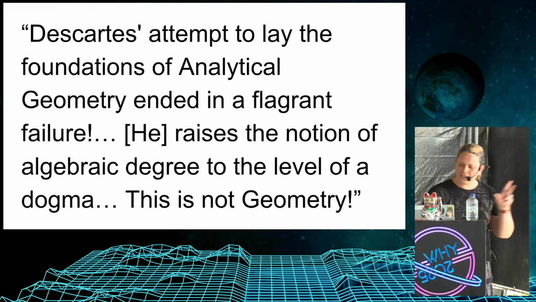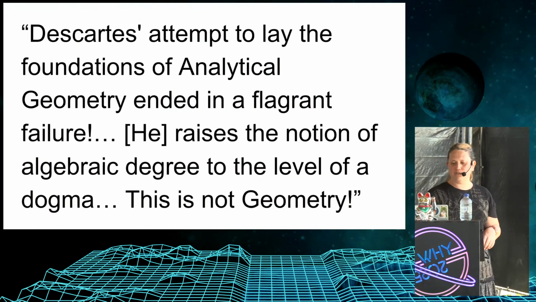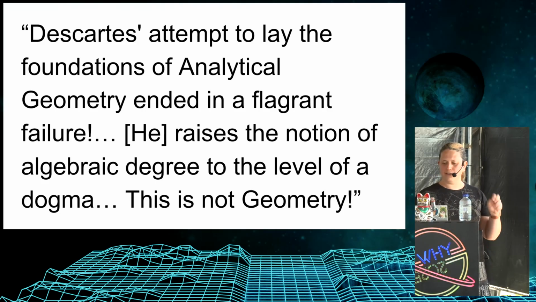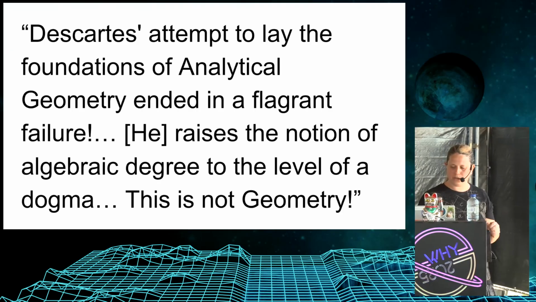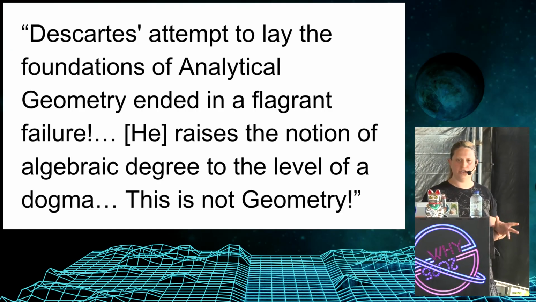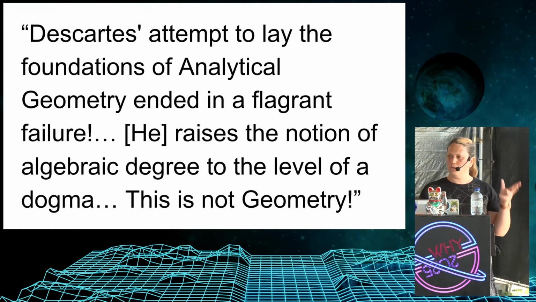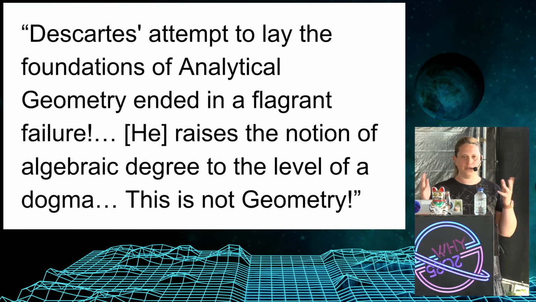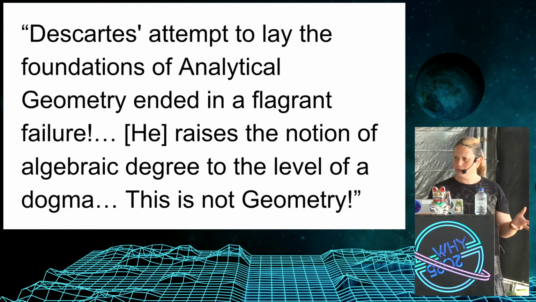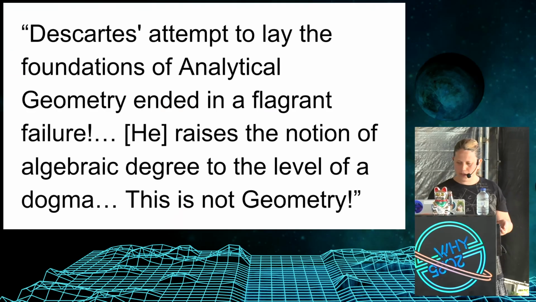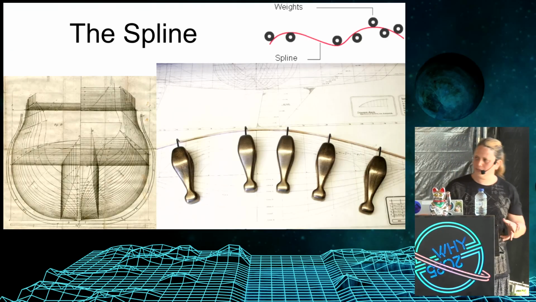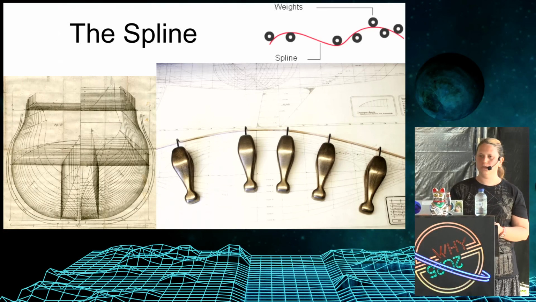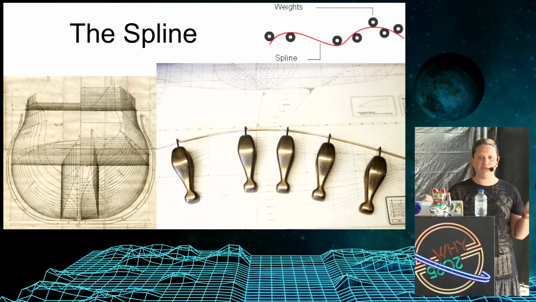He said Descartes' attempts to lay the foundations of analytical geometry ended in a flagrant failure. He raises the notion of algebraic degree to a level of dogma. This is not geometry. Casteljau wanted to make it practical. He knew what Descartes did, and he wanted to use it. He also used other ideas from back then. The spline is something that was used traditionally in a lot of engineering.